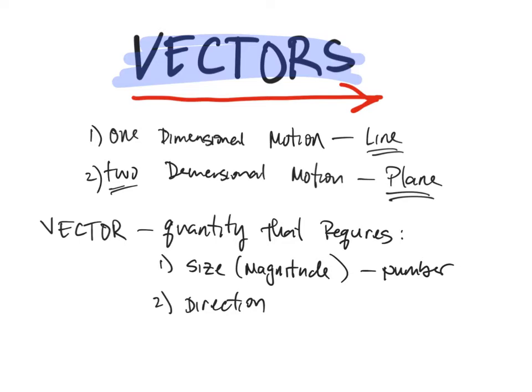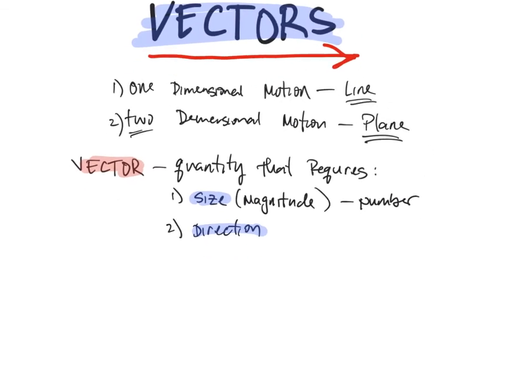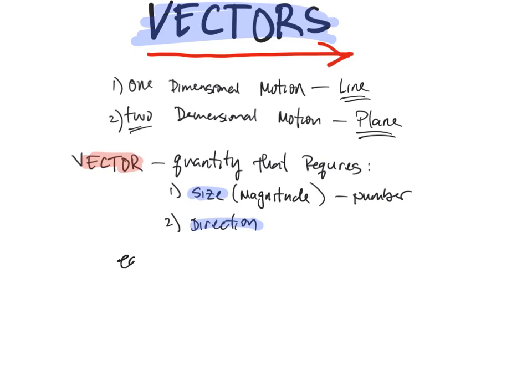So if you have a measurement or some kind of quantity that has size and direction, then you've got a vector. So we've got two things: size and direction, or magnitude and direction. As an example, we've actually talked about a couple of vectors already in this course.